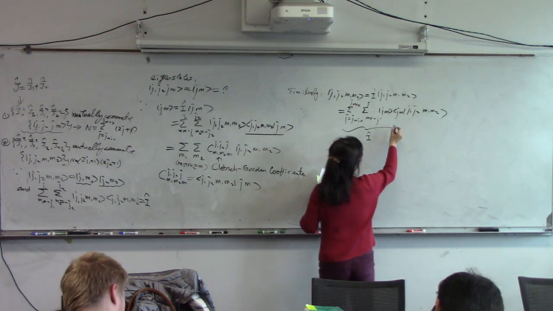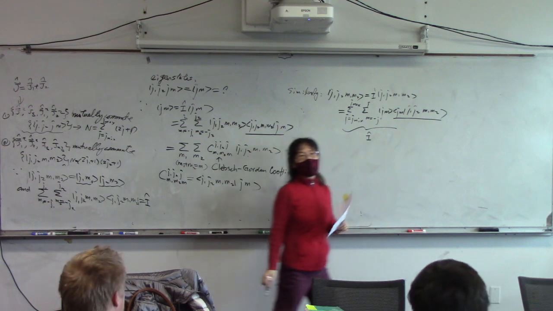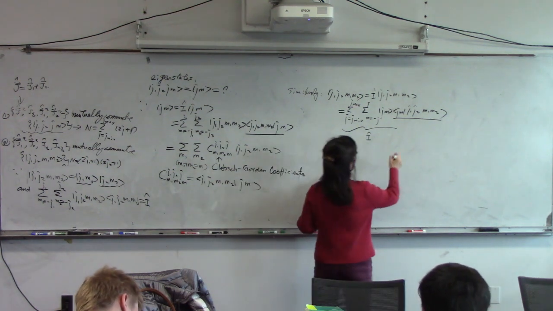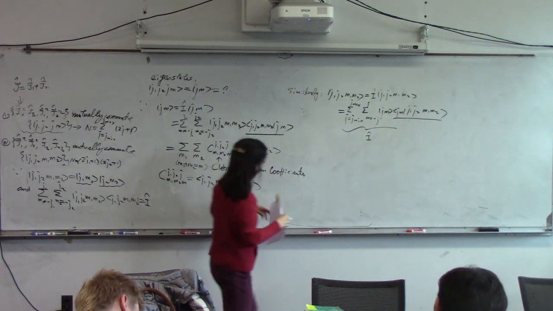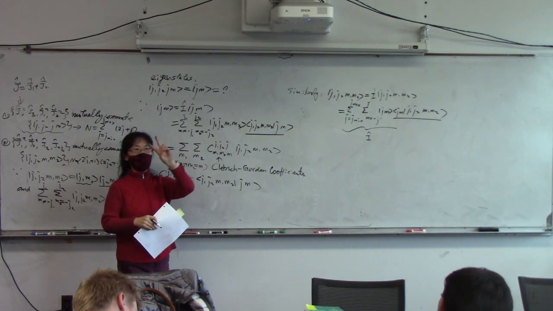Then you can see another coefficient here. If you look at that one with this definition, it is just the complex conjugate.